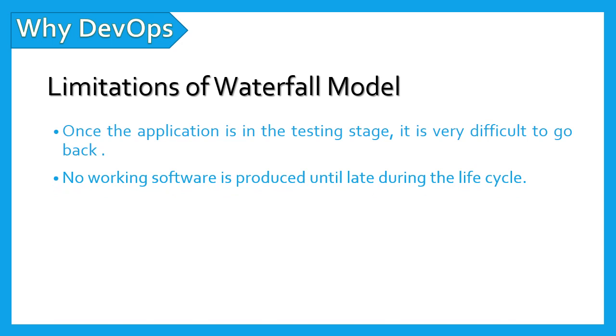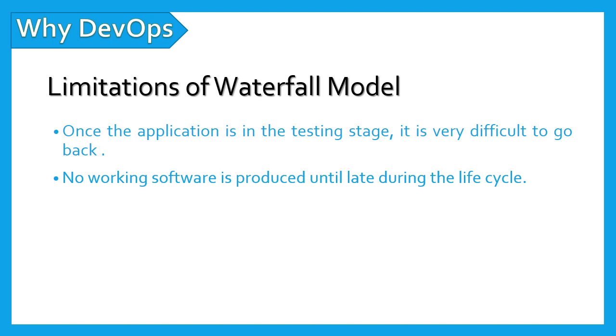Apart from that, no working software is produced until late during the life cycle. We saw that when we were discussing the various stages of waterfall. There is a high amount of risk and uncertainty, which means that once your product is out there in the market, if there is any bug or any downtime, then you have to go through the entire source code of the application again.